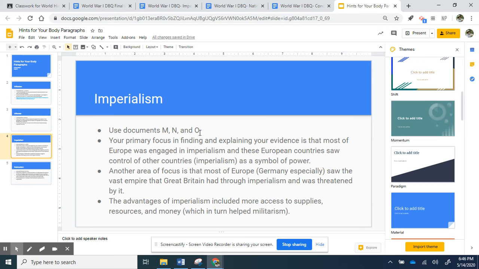But for the most part, in the 20th century it's mostly focused on Africa and parts of Asia. Great Britain has the greatest empire in the world at the time. Germany sees that as a threat because they know that with imperialism comes power, comes access to more supplies, resources, and eventually money, which helps build up countries' militarism.